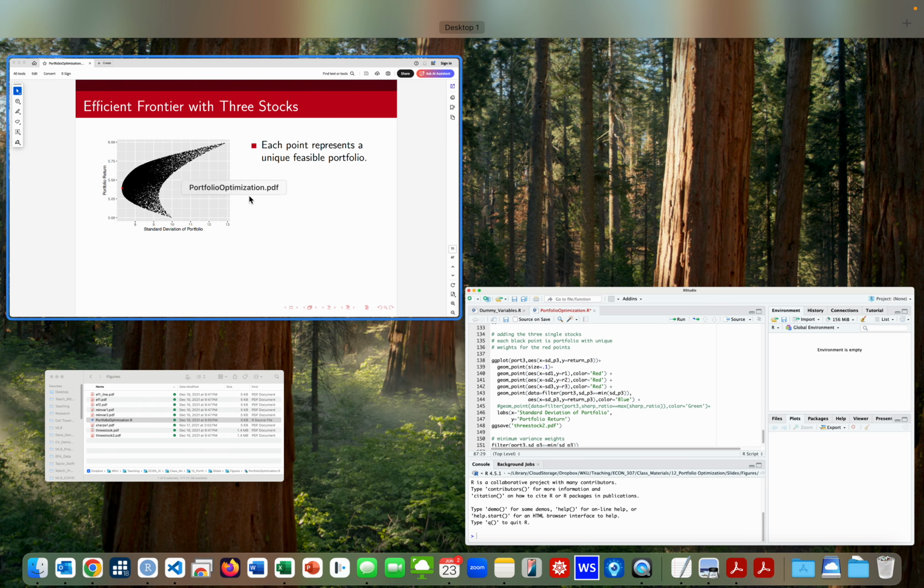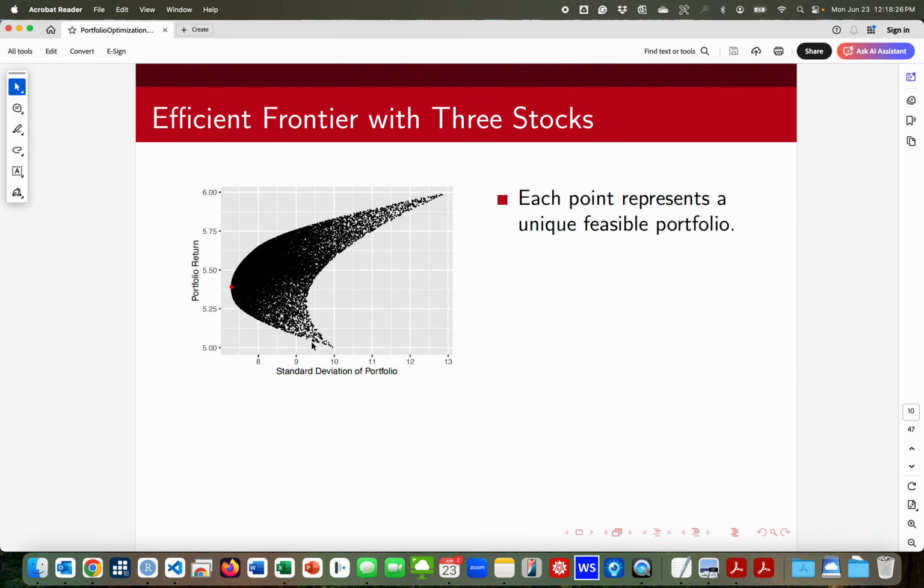And when you do all of that, you end up getting this plot right here, which is all the different combinations. These are 25,000 different combinations of stock A, B, and C. And notice the overall general shape is very similar. It's still this little inverted check symbol, except now we have another edge of it down here. But the same thing is true for the three stock case as the two stock case.